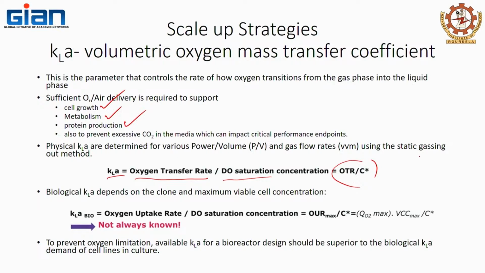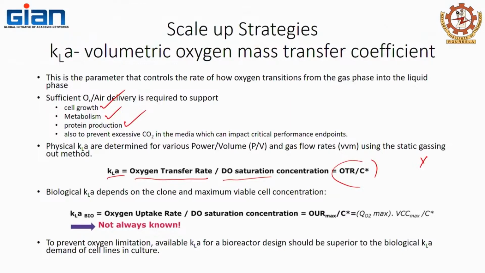So, you remember that X value that we have looked at, how we estimate how much biomass we can generate with respect to the oxygen concentration that we have, and if we have a specific biomass concentration, how to estimate how much oxygen we require. We did that back equation, it was also there. So, KLa bio specifically for biological purposes would be your oxygen uptake rate divided by the dissolved oxygen saturation concentration. So, OUR max divided by the C star.